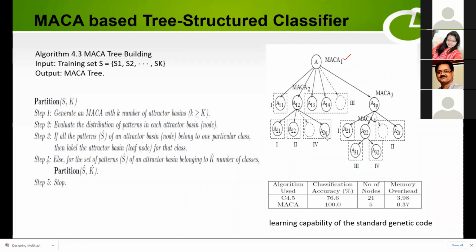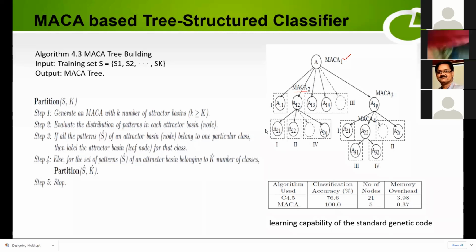So whatever states are identified by this attractor 1.2 will be considered as the next data set, and again a next CA will be generated for this set of data.